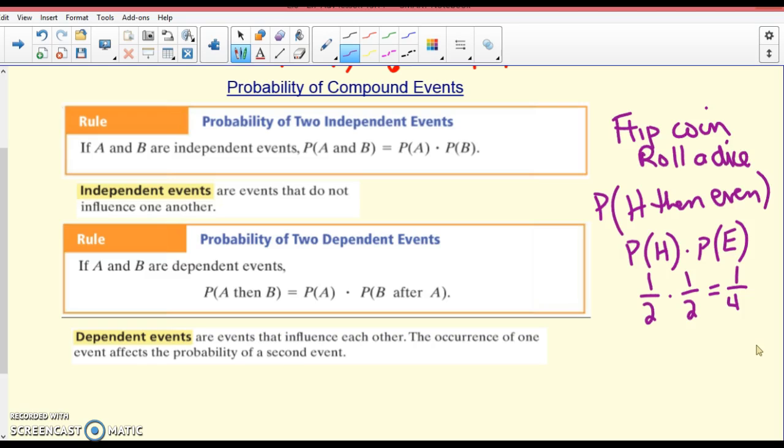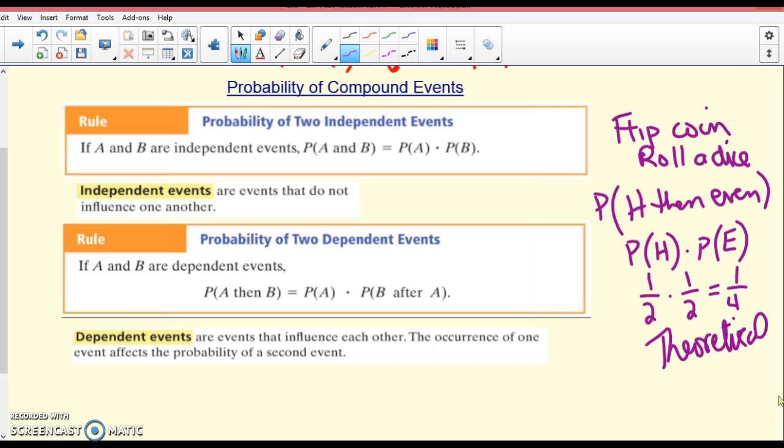Is this problem that we just did an example of theoretical or experimental? It is theoretical because we just thought about a coin. 1 out of 2 is head, and on the dice, 3 out of 6 is even. We're just thinking about the number of outcomes, so it is theoretical.